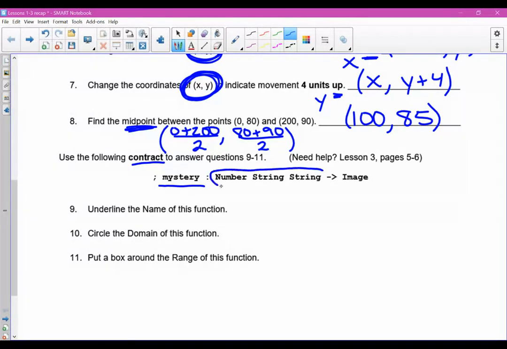So the number string is going to be my domain. Put a box around the range. That's going to be the last thing. So the image is the range. Okay, so the name is between the semicolon and the colon. The domain is everything between the colon and the arrow. And my range is what we get at the end after the arrow.